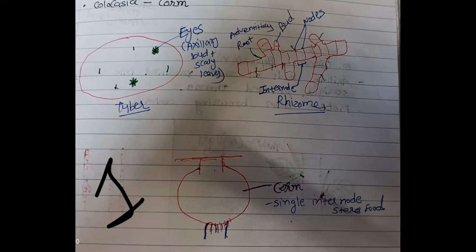Now next thing, the modifications of stem. In that, the first one is storage of food. Very easy. Remember, for storing of food, underground stems. These all are what type of stem? Underground.